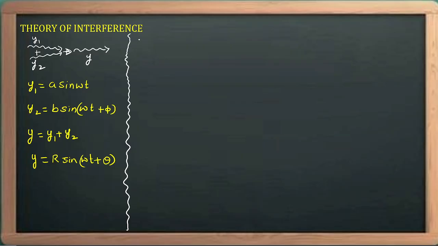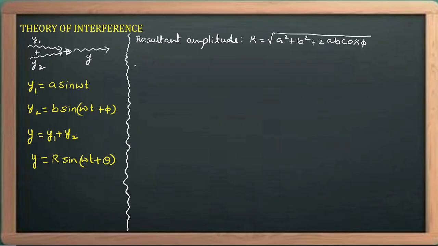Where R is the resultant amplitude, that is R is equal to square root of A square plus B square plus 2AB cos phi. Okay, resultant amplitude.